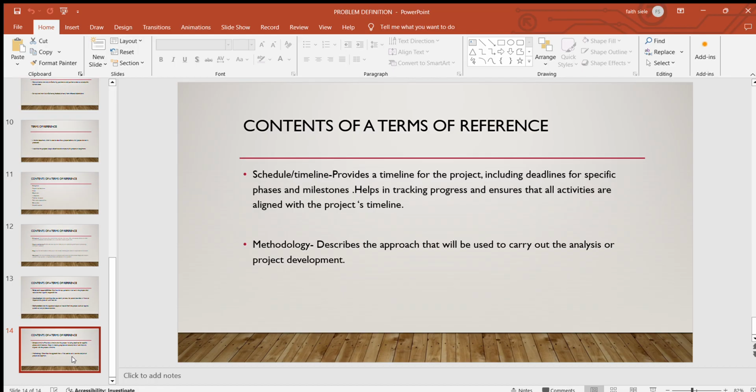Then we've also talked about increased costs, which is when operational or maintenance costs exceed the budget or rise unexpectedly, and it usually signals inefficiencies or even technical issues or procedural flaws.